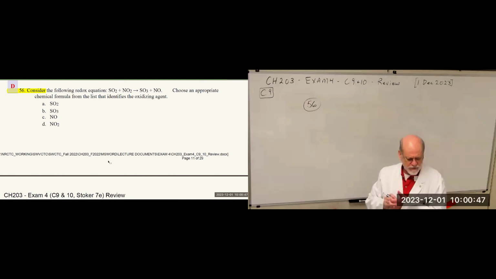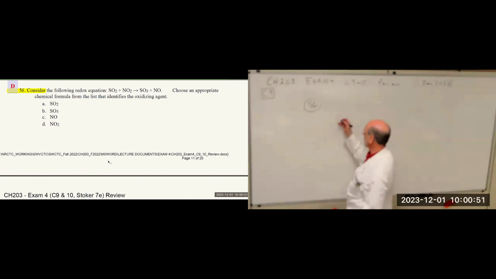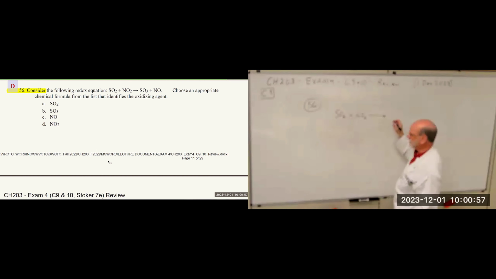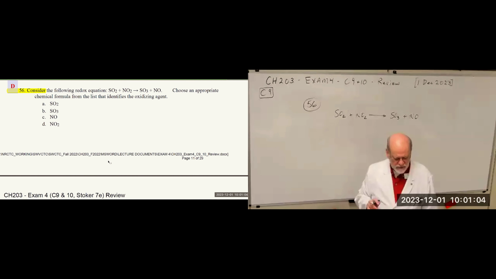Consider the following redox equation. So we're told it's a redox: SO2 plus NO2 yields SO3 plus NO. Choose an appropriate chemical formula from the list that identifies the oxidizing agent.